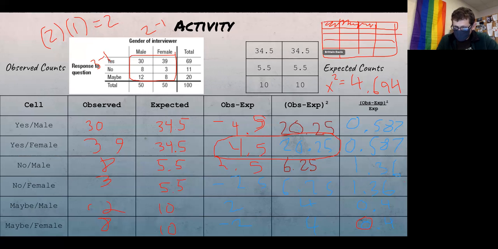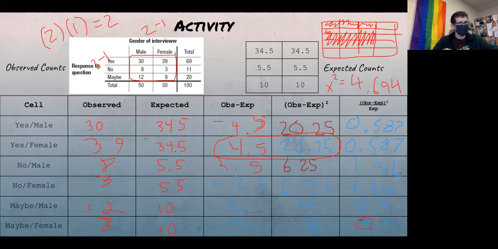I want to have those categories considered, but then I also want to have 1 less as far as my amount of rows go. So it's the number of categories in rows, number of categories in columns, and then I multiply that together to give me the total degrees of freedom. I hope that wasn't a convoluted way of explaining that. But essentially that's what we have here: 2 degrees of freedom for this particular example.